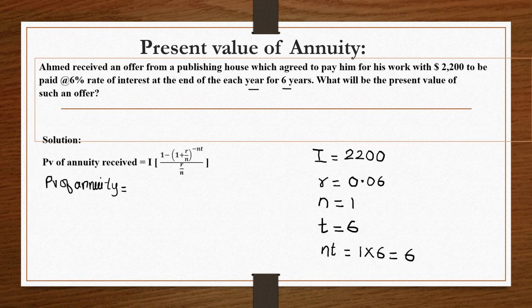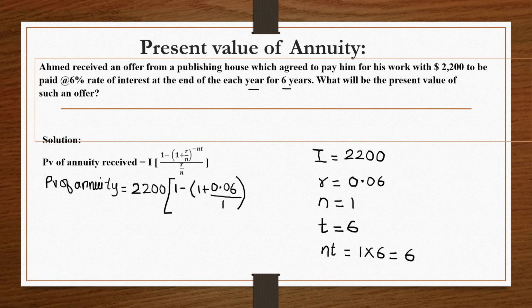My I is 2,200, big bracket, then 1 minus, again bracket, 1 plus my R, 0.06, divided by N which is 1, bracket close.